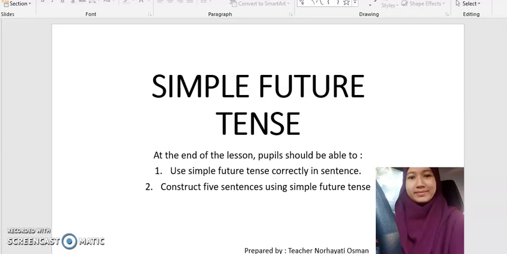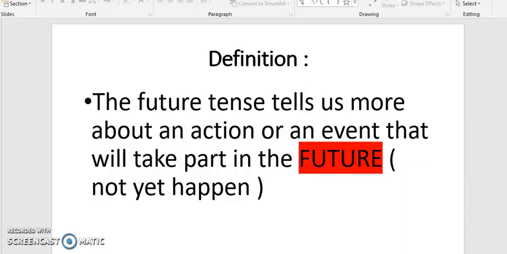Okay, so we are going to look at the first slide. This is the definition of future tense. The future tense tells us more about an action or an event that will take place in the future. When we say the word future, it means it has not happened yet.